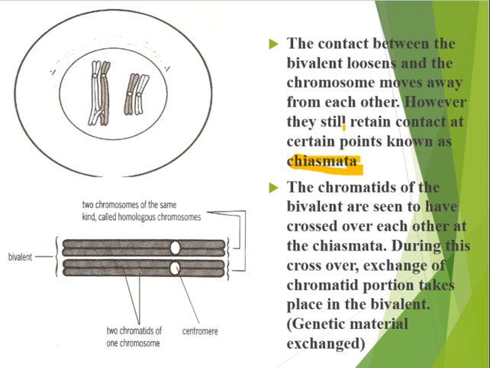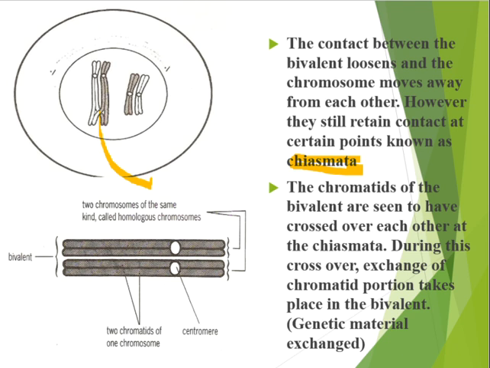The chiasmata are basically the points of contact. In case it is one, we call it a chiasma. As you can see here, you have the point of contact of these chromatids of the chromosomes. That is a chiasmata. And the chromatids of the bivalent are seen to have crossed over each other.